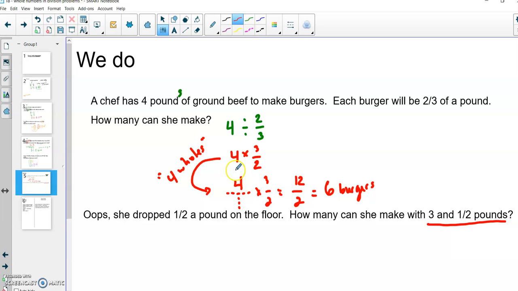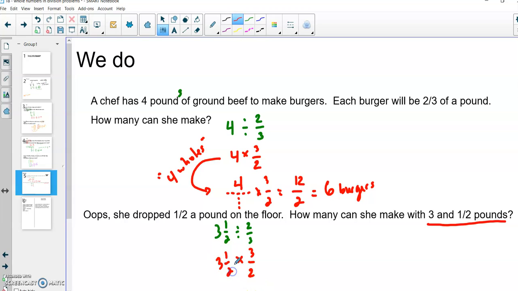So that's going to change my problem to 3.5 divided by 2/3. The first part doesn't change. I can still multiply by the reciprocal of the second fraction. And my problem again is with the first one.